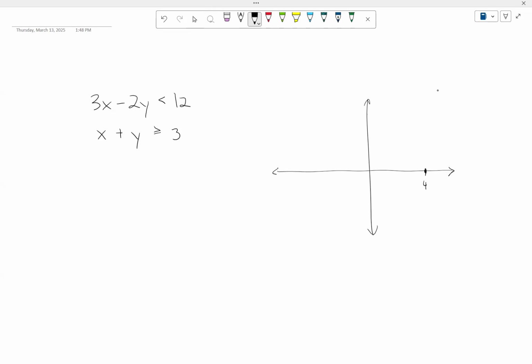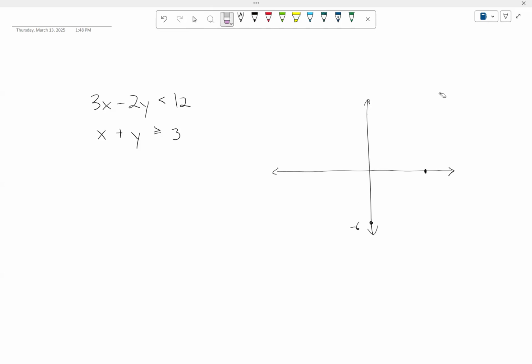For the other one, I just need one more point to draw a line. I'm going to find the y-intercept by making x equal to 0. And do you see -6? Okay, cool, -6. Now the line, since it's just less than 12, is not going to be a solid line. It's going to be dotted or dashed.